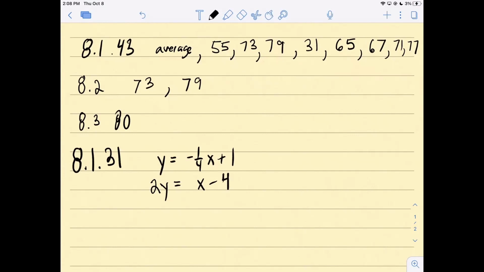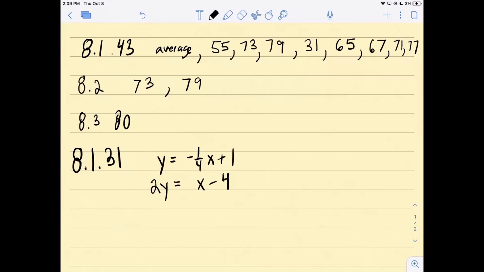Let me see here. So hit yes if you still want to see this one worked out. Okay, so I'll just kind of do this one.